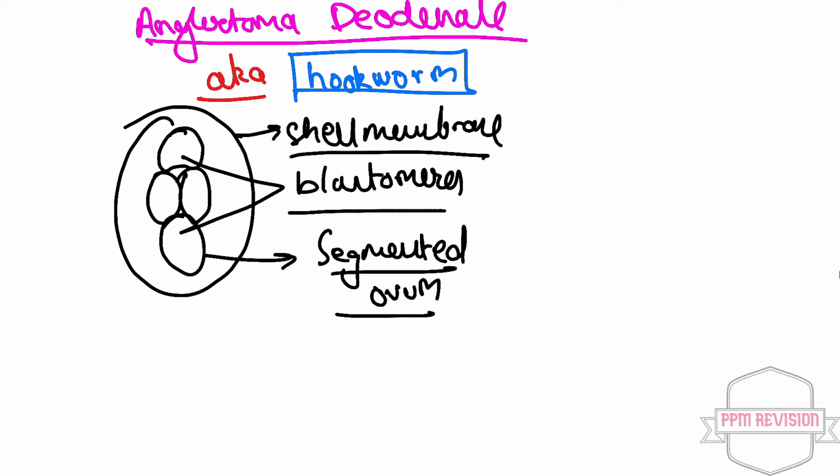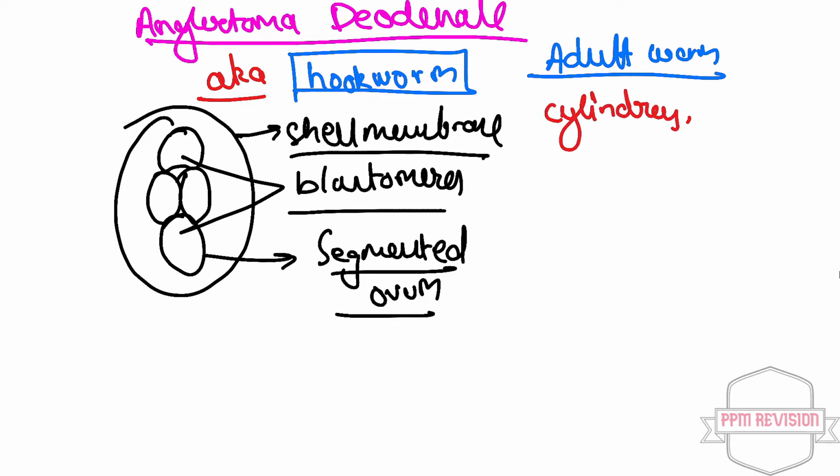Now looking at the morphology of the adult worm, it is small, greyish white and cylindrical in shape. The other point is that the anterior end is bent, so that is why it's known as hookworm.